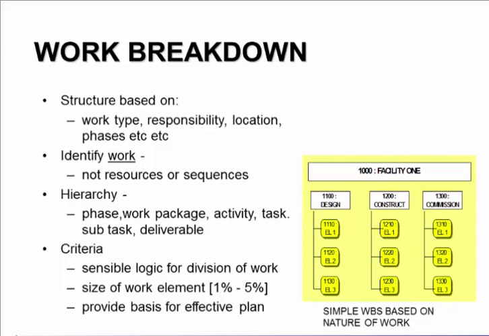So for instance, you want to make a, and the idea is that it's based upon the type of work, the responsibility, the location, but you should identify what the outcomes are, in other words, what work has to occur. And really, that should be independent at this particular stage of the resources or the sequences.